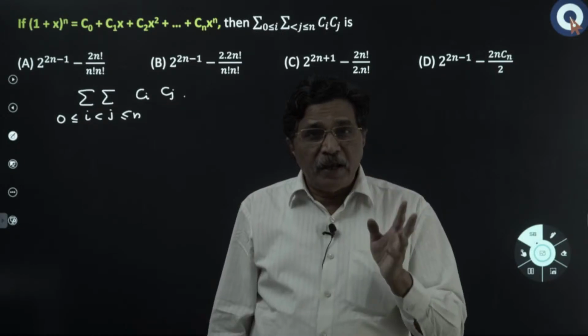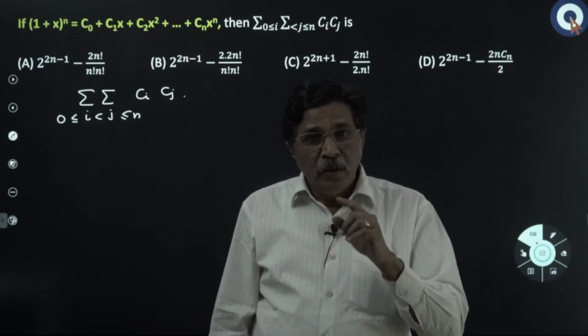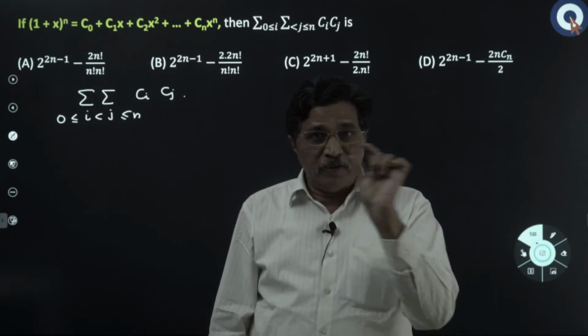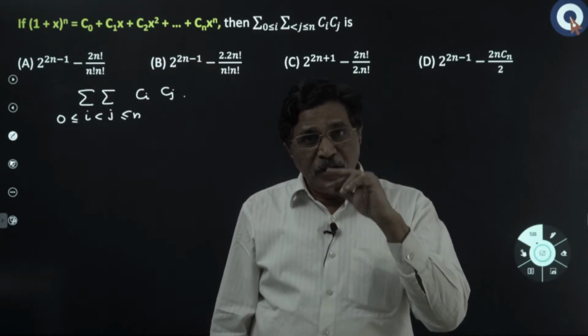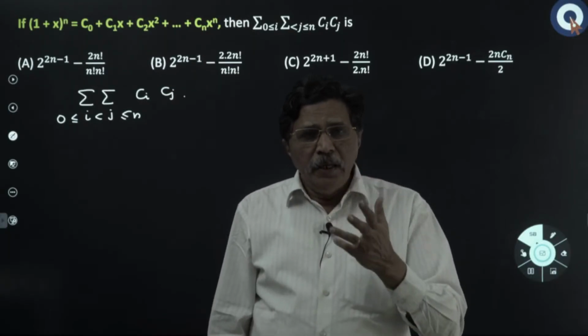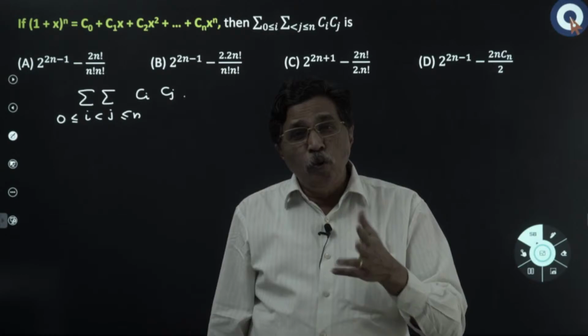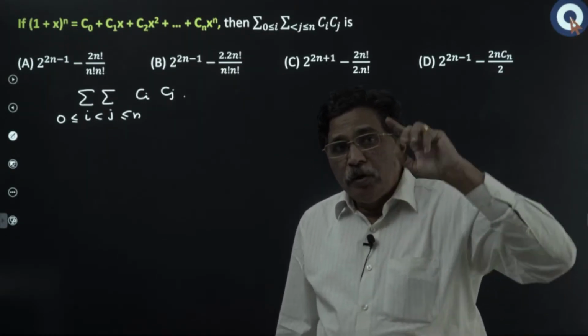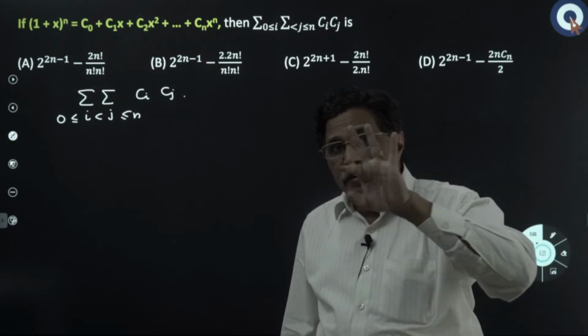In ancient texts, they write the same thing as the sums taken 2 and 2 together. That is the sentence they write in English. That also can be said, but more clearly, it is the sum of the products taken 2 at a time. If you are taking the sum of the products taken 3 at a time, you can write sigma sigma sigma, 3 times.